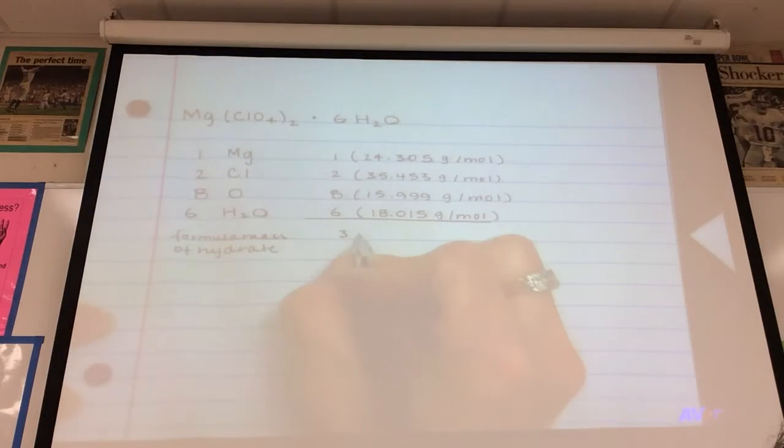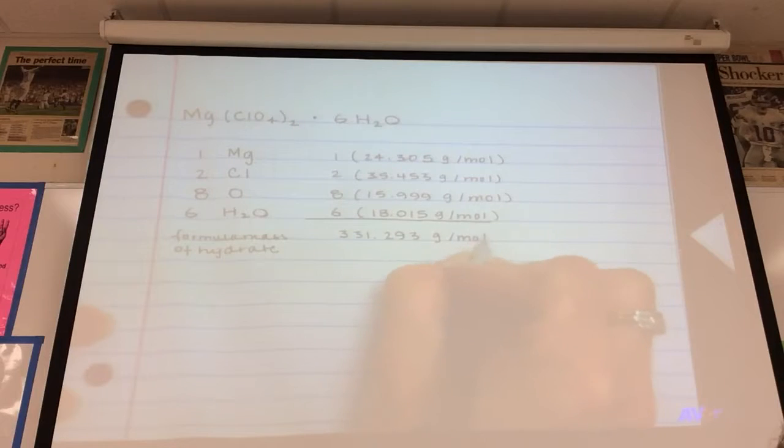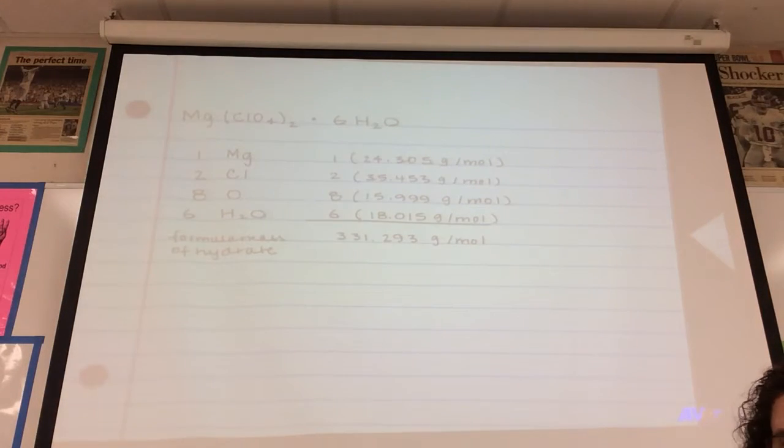And this is 331.293 grams per mole. So the only difference here compared to what we did yesterday is you have to add the water molecules in. So that's the formula mass of the hydrate.